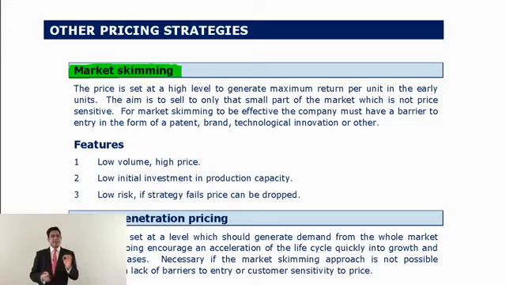Generally it involves technology products or electronic products where the models are changed every now and then, mobile phones, etc. When the life of the product is short, generally the price kept is very high, and the organization wants to generate as much profit as possible.